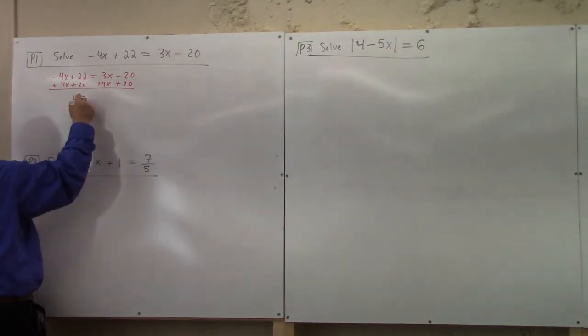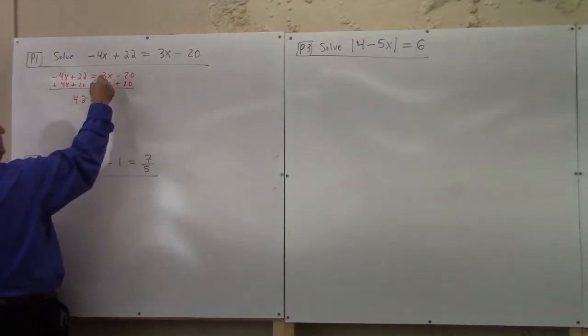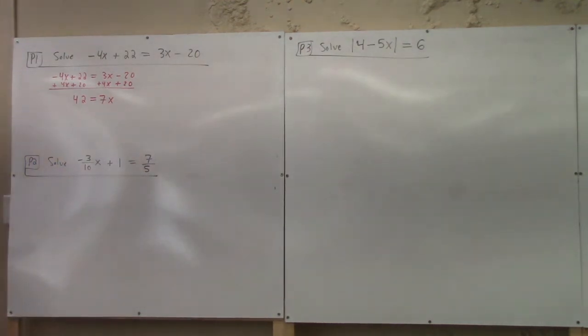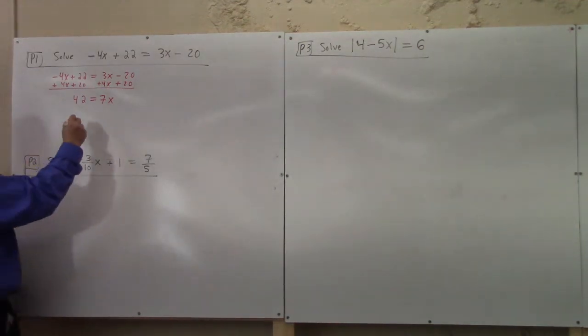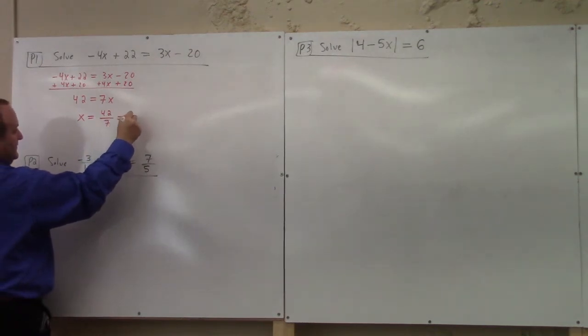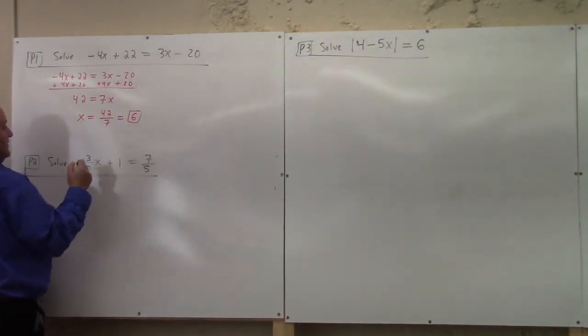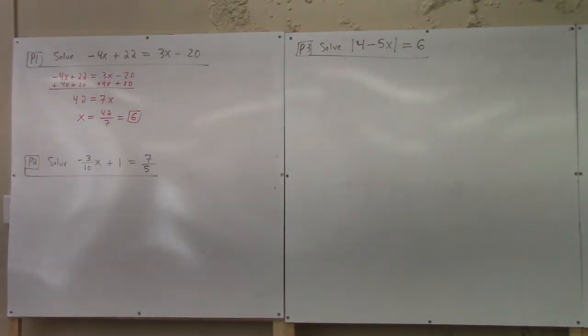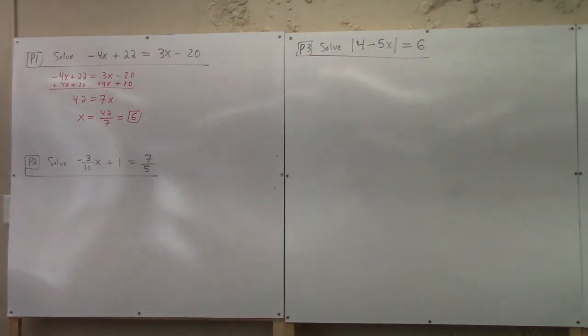We get 42 is equal to 3 plus 4, 7x. The 20's cancel. So this gives us x equal to 42 over 7, which is 6. So that's the first problem. I think everybody will get this problem right. If I put a problem like this on the final, pretty much everybody should get that one right.